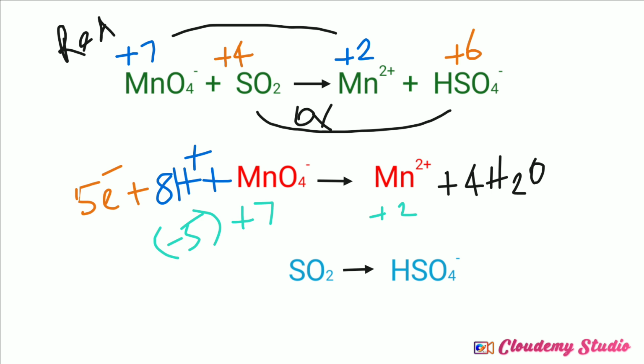Right. The reduction half reaction we have balanced. Now the oxidation half reaction we need to balance. In the oxidation half reaction, there is one sulfur atom on both sides, so they are equal. But on the right hand side 4 oxygen atoms are present, and on the left hand side 2 oxygen atoms are present.